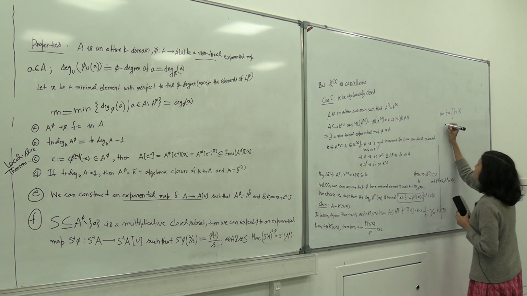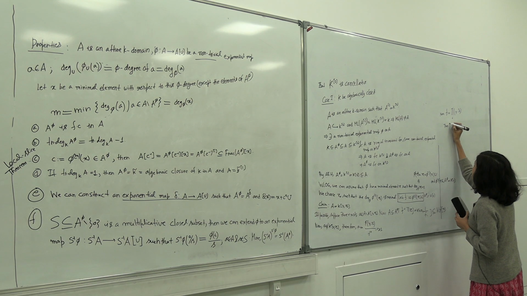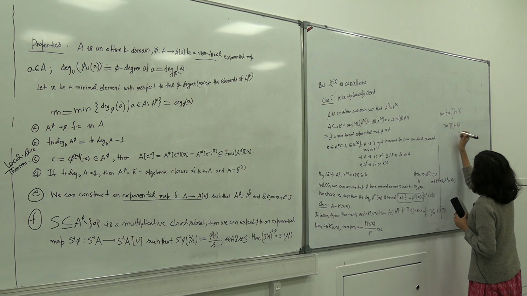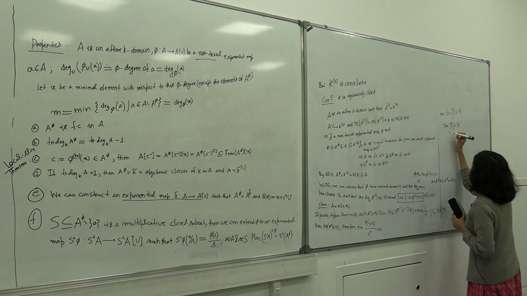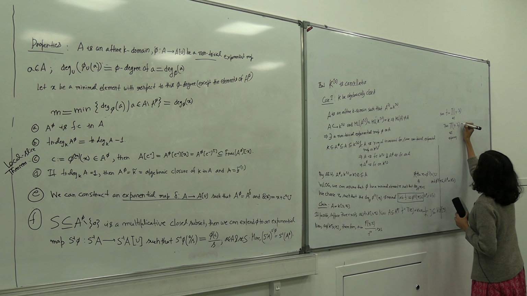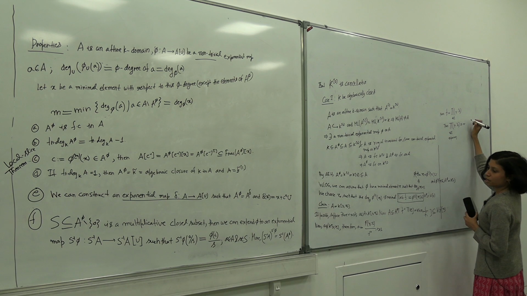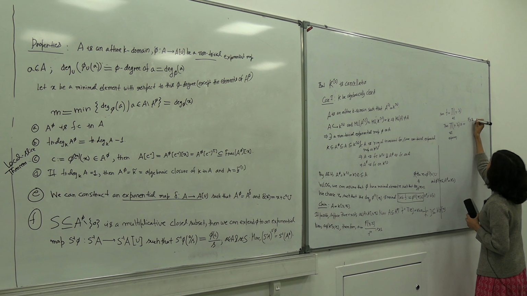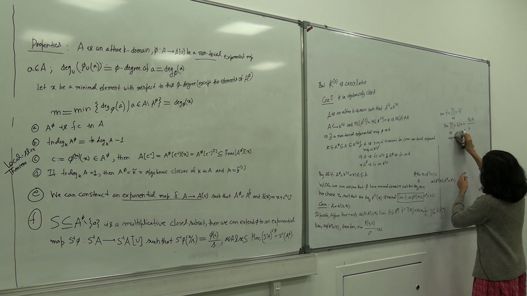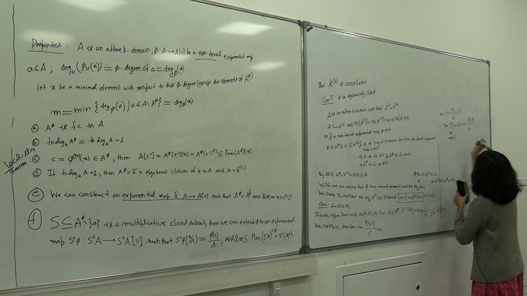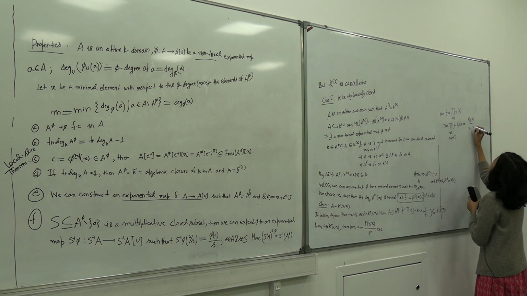Then I can take the product of y minus lambda i's with every i except one, let me call it j, and multiply into a, and this becomes f of y z0 by y minus lambda j.